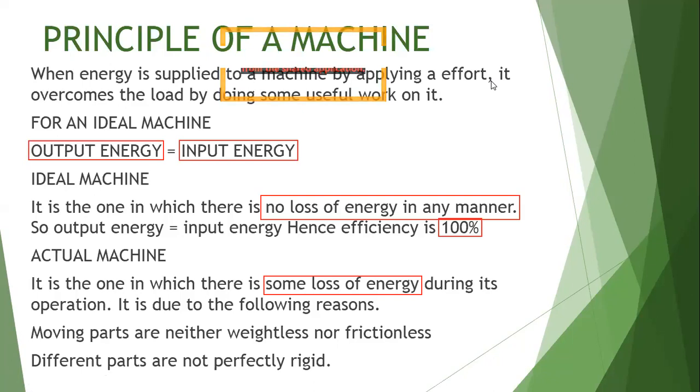So that's why there will be some loss of energy and your efficiency will not be 100%. So we don't have any machine having efficiency as 100%, because practically, ideal machines do not exist.